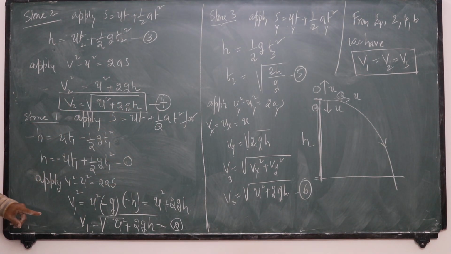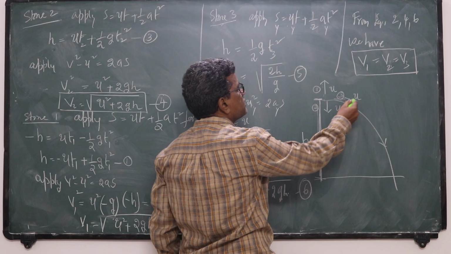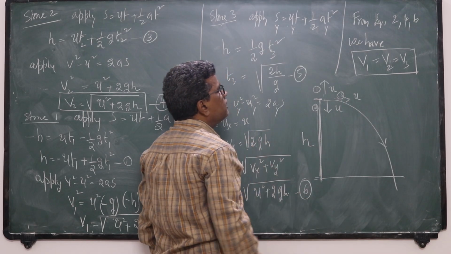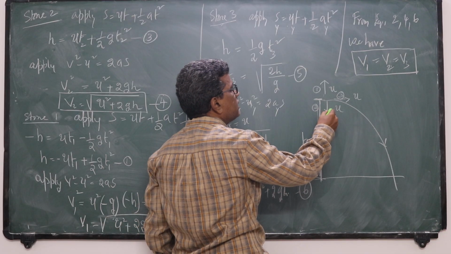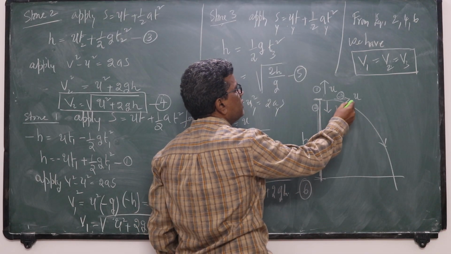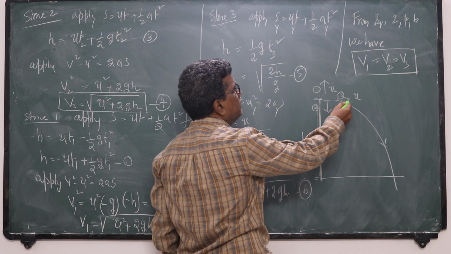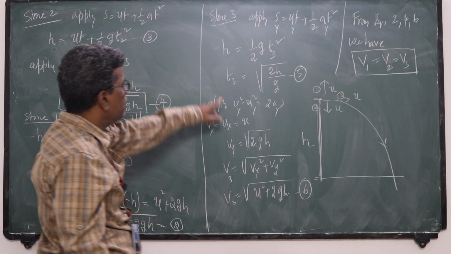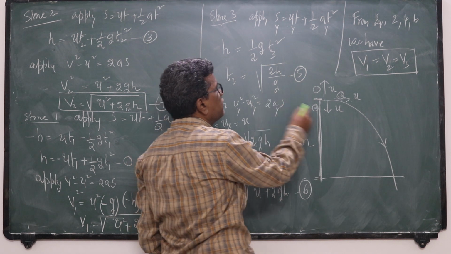So how are they correlated? It is quite natural that the stone projected down, t2, will take less time. The stone projected up will take more time to hit the ground than this. The third one will take time square root of 2h by g, that is t3.